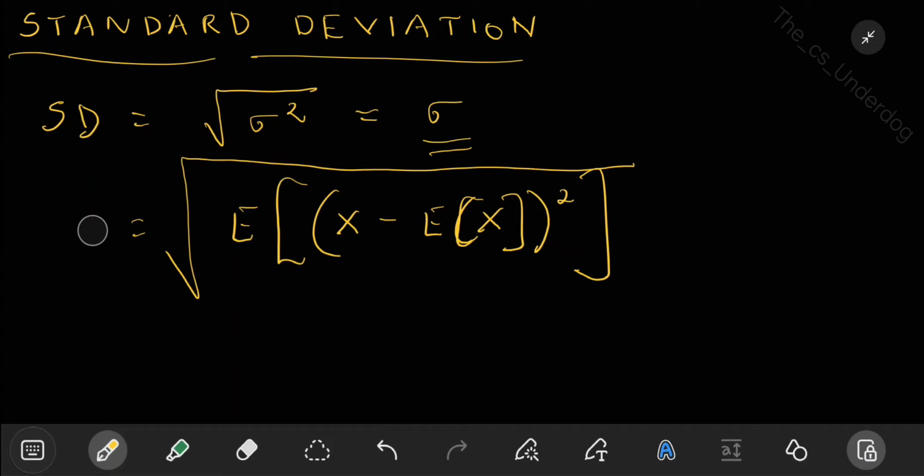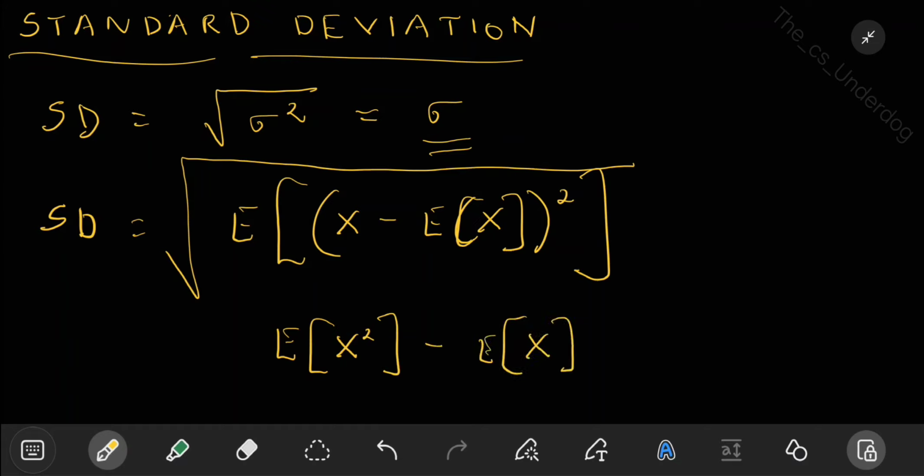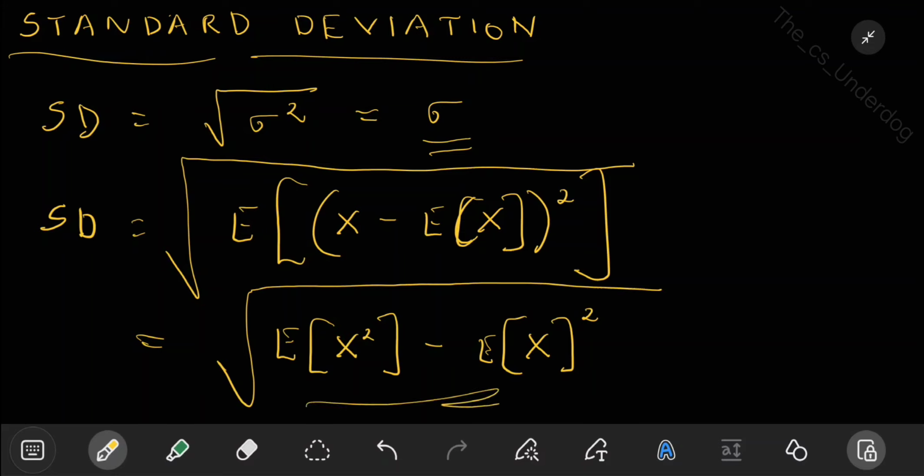What is the other form of variance? We also said the same thing can be found if you do expectation of x square minus (expectation of x) the whole square. If you do this, again you will get variance. So if you want standard deviation, what would you do? Put a square root. Then this is standard deviation.